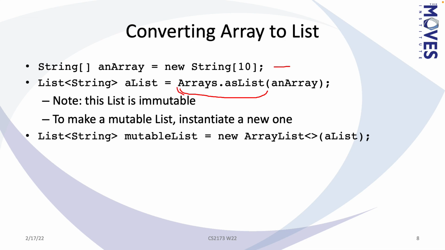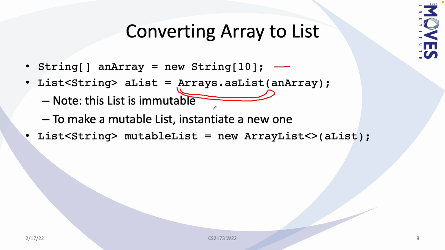Okay, now, just as a little pop question, what type of thing is this asList thing? What is that? Is it an instance variable? Is it a class variable? Is it an instance method? Is it a class method? A class method. Why?